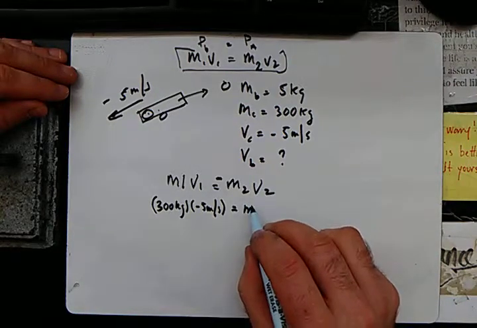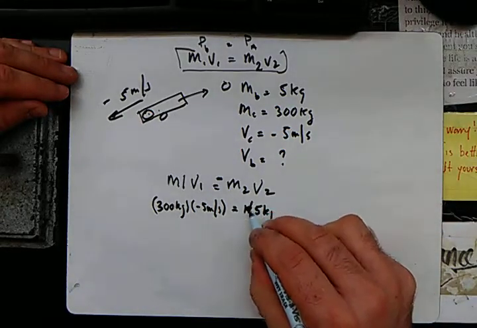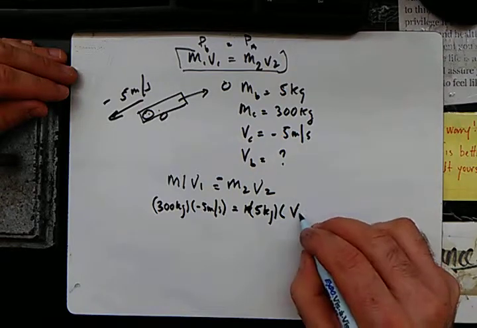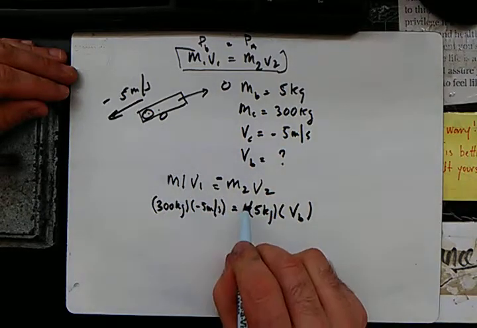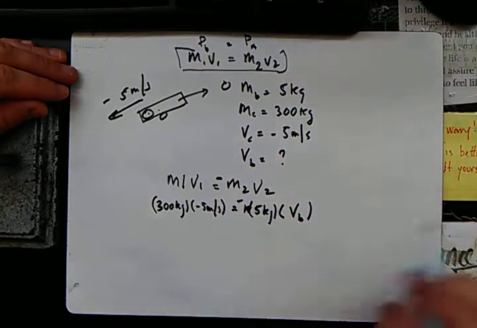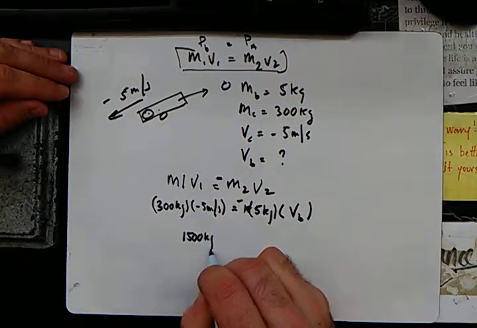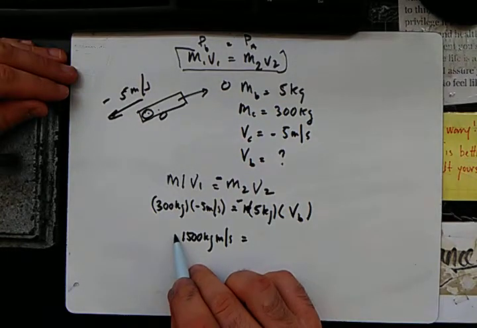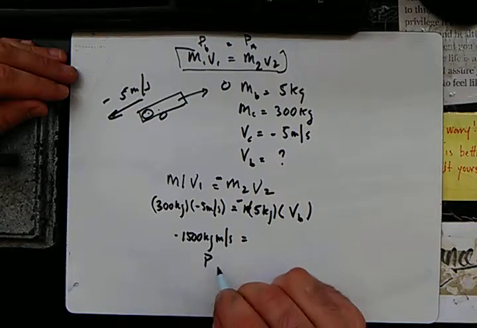M2, which we'll call 5 kilograms, times the velocity of the ball. If we know the recoil velocity, we can come up with the velocity of the ball. So 300 times 5 is 1,500 kilogram meters per second. That's the momentum before.